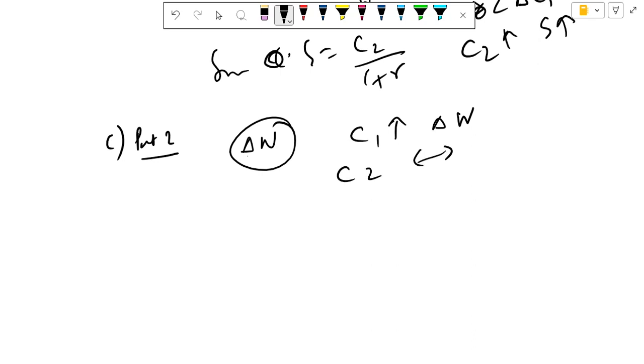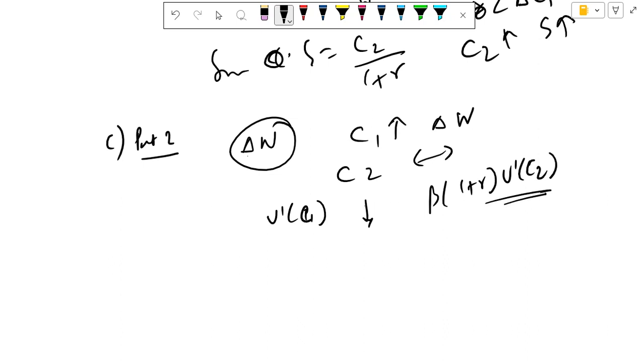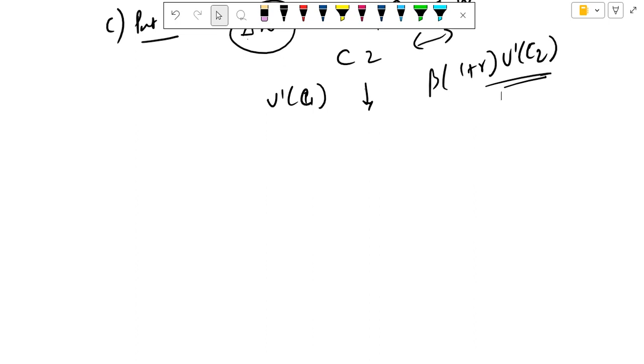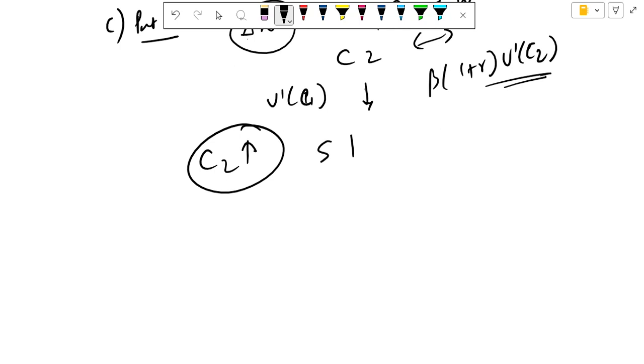However, this would violate the first order condition, as u'(c1) would decrease while beta (1 plus r) u'(c2) would remain the same. To restore the equation of the first order condition, the individual must increase c2 as well, which requires an increase in s.